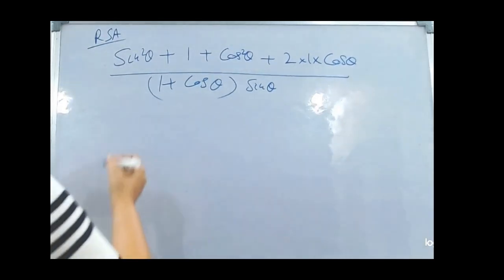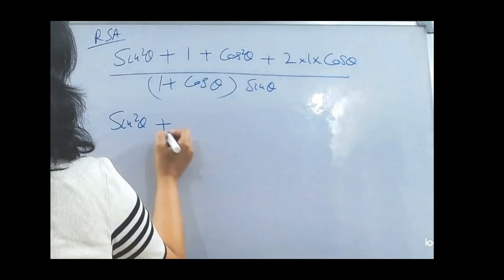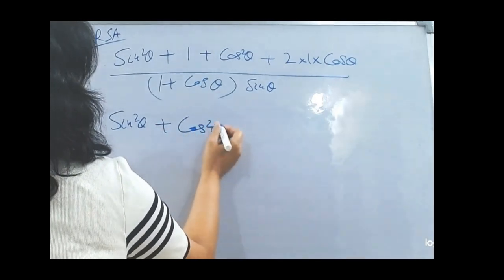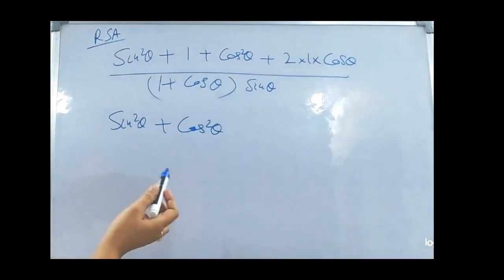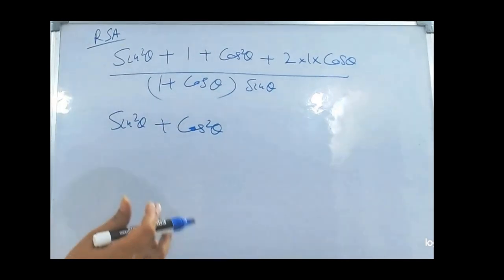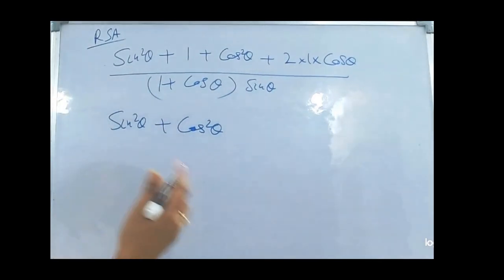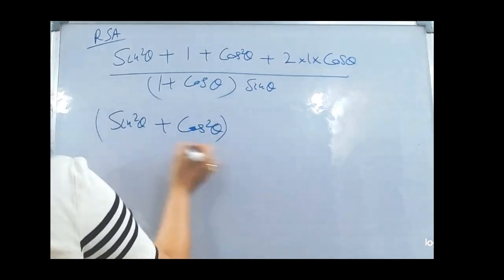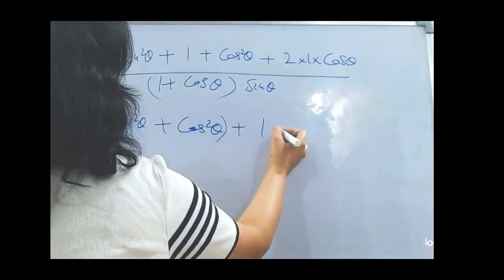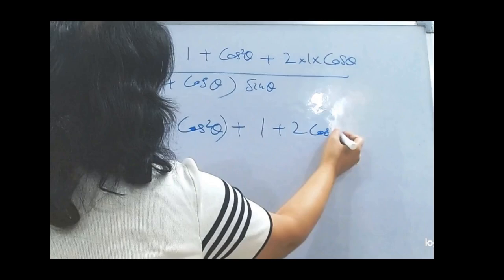Rearrange the terms: sin square theta plus cos square theta. Once square terms are introduced, then definitely we are going to think about identities. So I am rearranging these, plus 1 plus 2 cos theta.